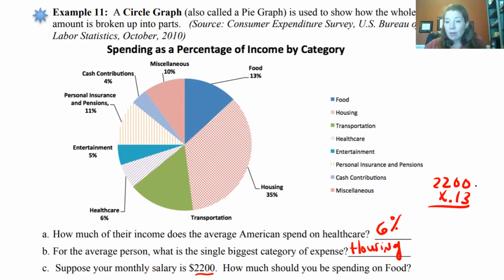So remember that was from our last unit. We turn our percent into a decimal and we multiply. So 2,200 times 0.13 is $286. Where'd my pen go? So $286. And like I said, we can only answer that question because they gave us an amount of money here at the bottom.